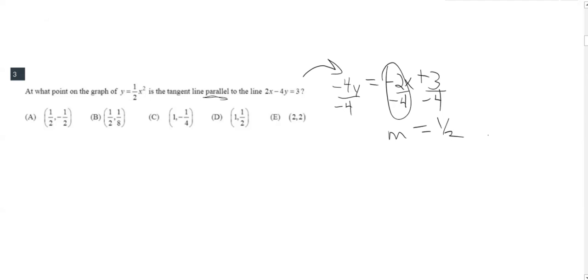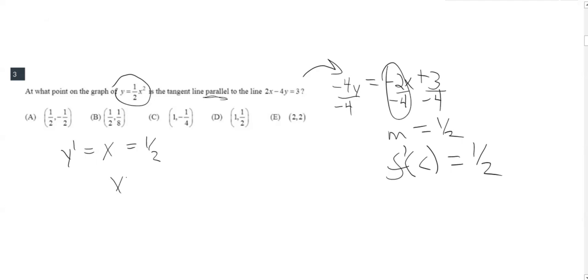So I know the slope is 1/2, so that means f prime of c has to equal 1/2 in order for the graph of y equals 1/2 x squared to be parallel to the graph of 2x minus 4y equals 3. So I'll take the derivative. The derivative of 1/2 x squared is just x. Set that equal to 1/2. So x equals 1/2.